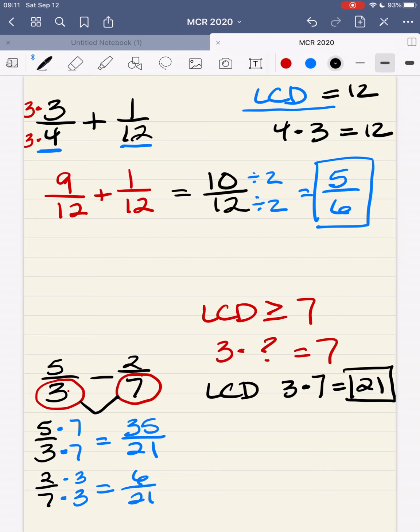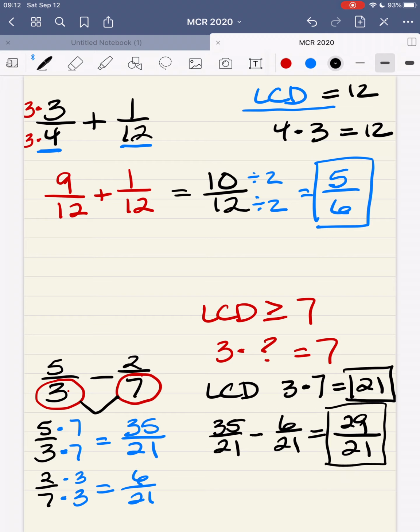So my new problem with equivalent denominators with my LCD is 35/21, which is my 5/3, minus 6/21, which is my 2/7, and 35 minus 6 is 29, and the 21 stays. Now, because I had nothing in common to start with, good chances I won't be able to simplify that, and 29 is also prime, so in this case, I am finished.